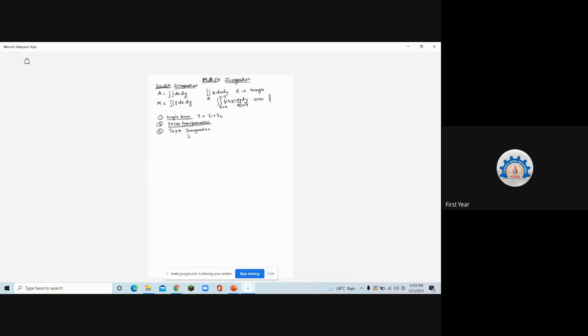In that also there will be various forms: first, limits given; second, limits given; third, polar coordinate transformation; and fourth, Dirichlet's theorem. This is the shortcut to find multiple integrations. This is all we are going to do in today's lecture.